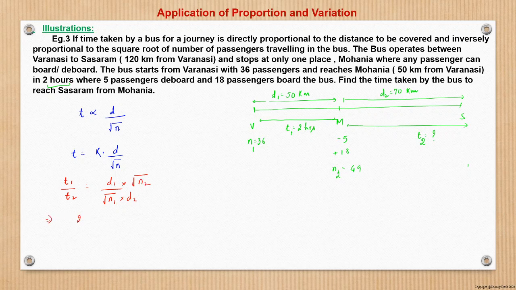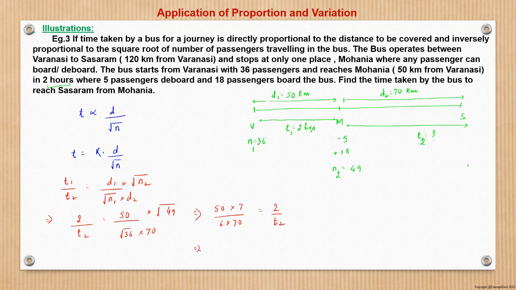T1 we know is 2 hours. T2 we have to find, that is the variable. D1 is 50 kilometers. Root N1 is root 36. D2 is 70 kilometers, and square root N2 is square root 49. So simplifying, 50 into 7 upon 6 into 70 is equal to 2 by T2.